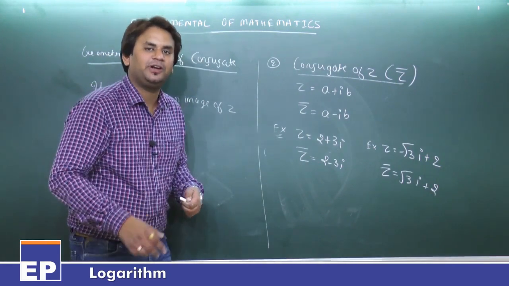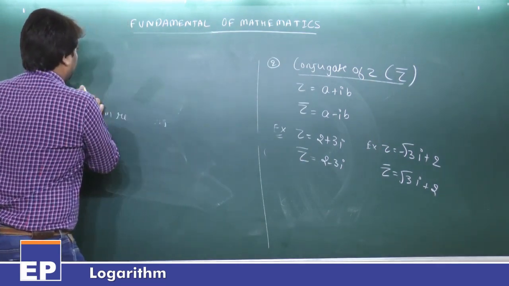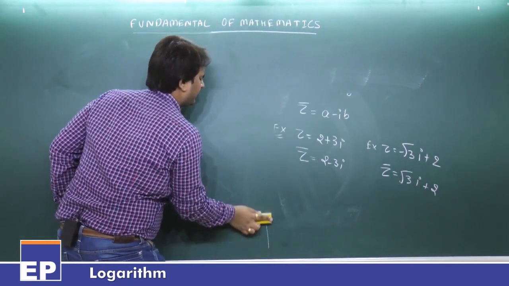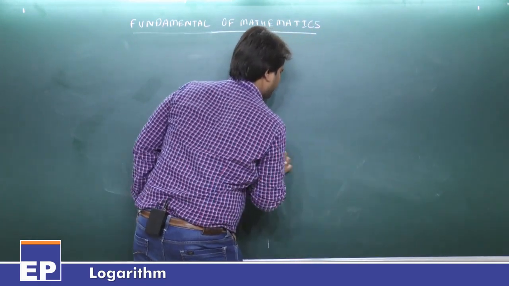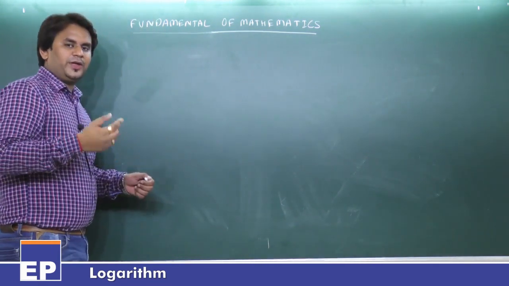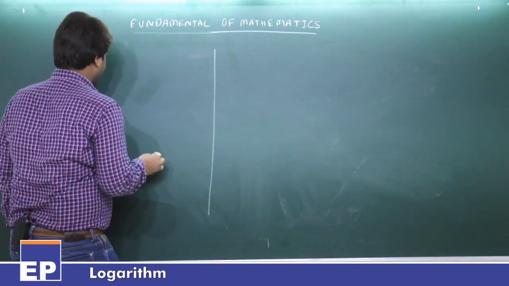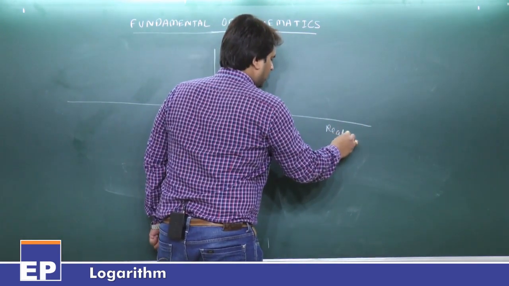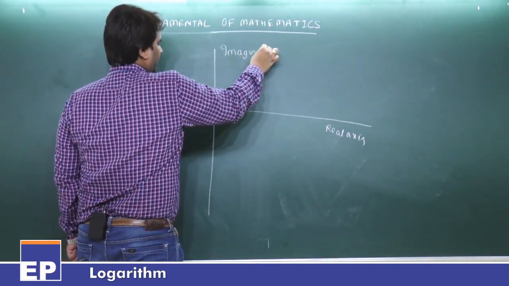Now I will tell you the geometrical meaning by diagram. I am showing conjugate and modulus with a diagram. I am drawing two axes. This axis is called the real axis, and this axis is called the imaginary axis.